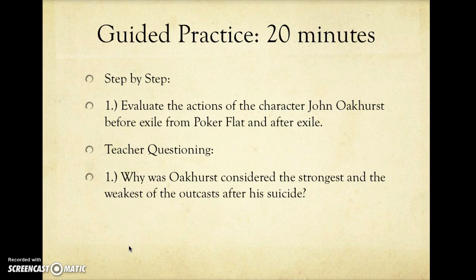He cashes in his chips, so to speak. He folds his hand and ends up committing suicide, but not before he fashions snowshoes for Tom Simson to escape, and stacks firewood for the girls, and leaves so they will not lose hope. So we're going to be looking into him specifically and all the different things he was able to reflect on in the story.